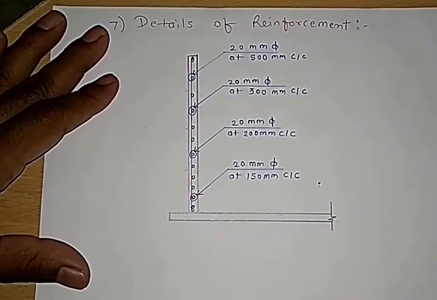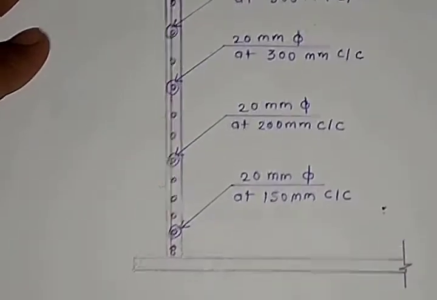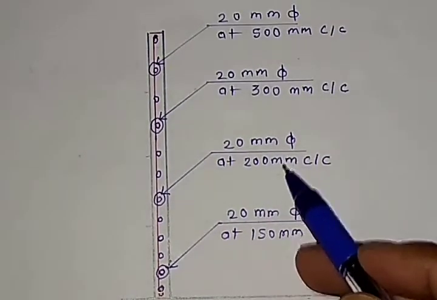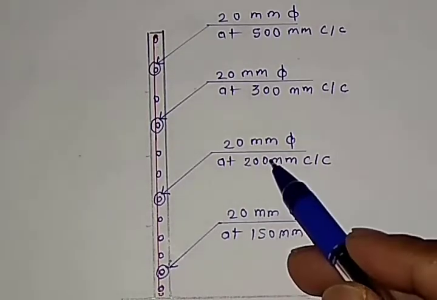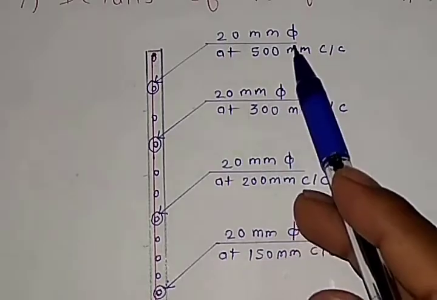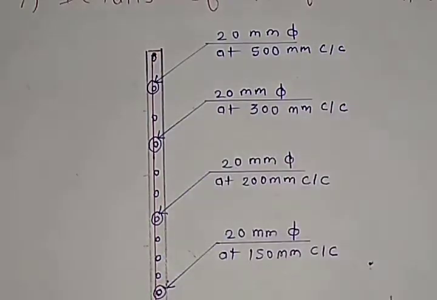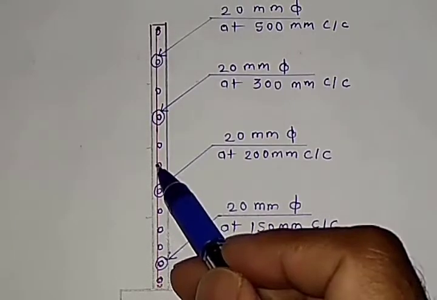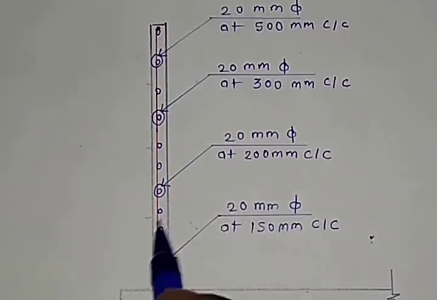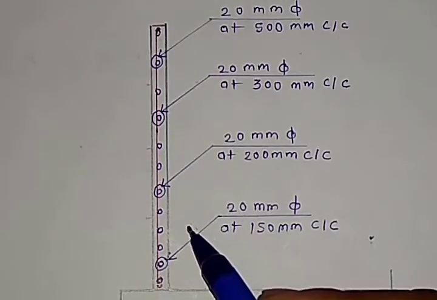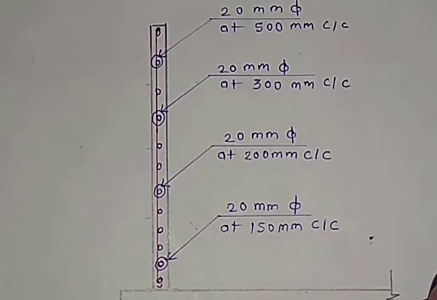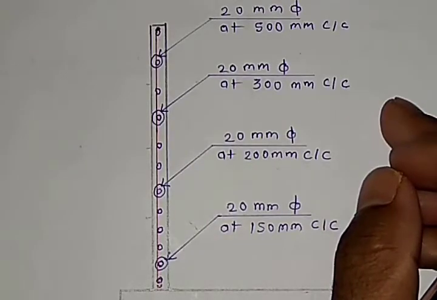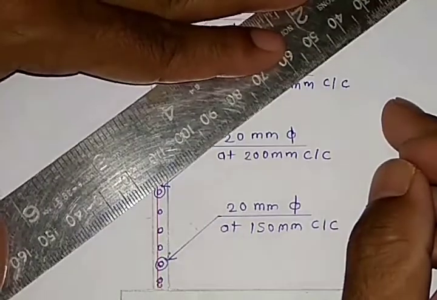So these are the reinforcement. This is at the base. Then it goes on increasing, 150 mm to 200 mm, again 300 mm, and then 500 mm. So this is all about the 4 meter. So 1 meter at the below, 1 meter, the next 1 meter, and at the top just mark 1 meter. And then you have the vertical bars as well.